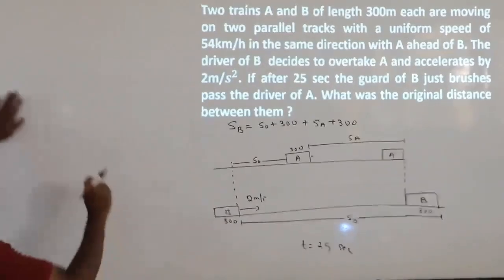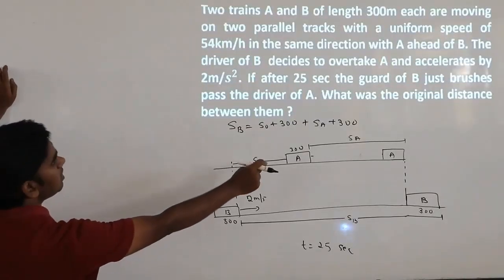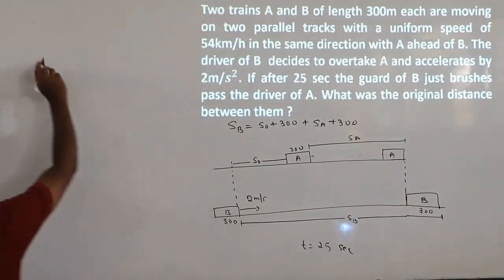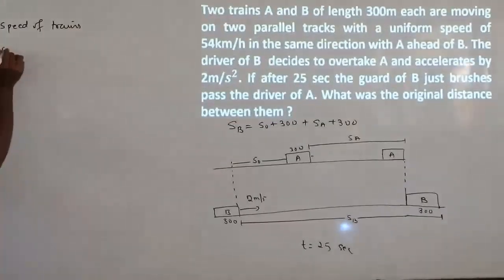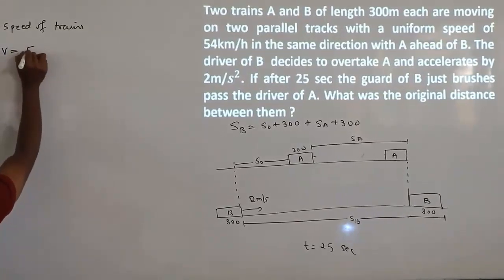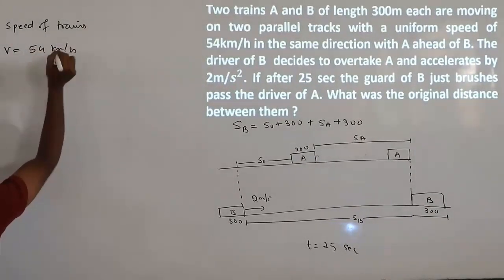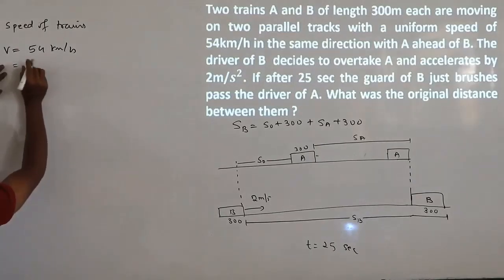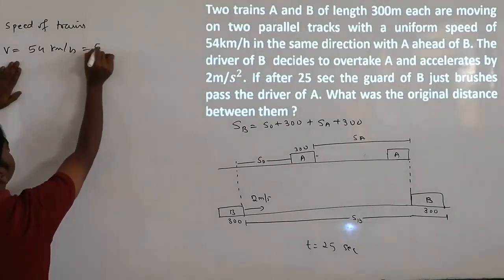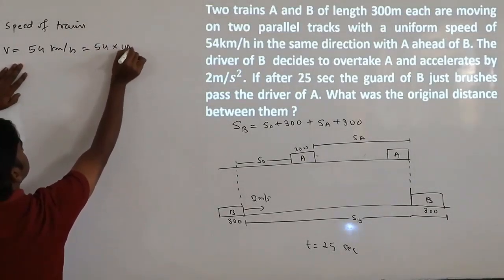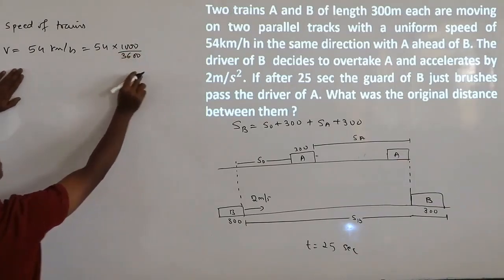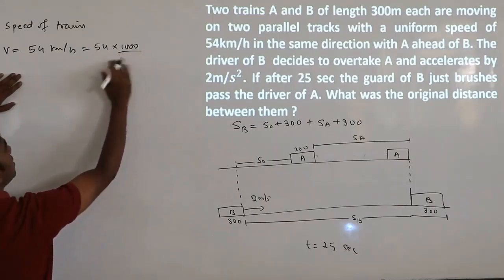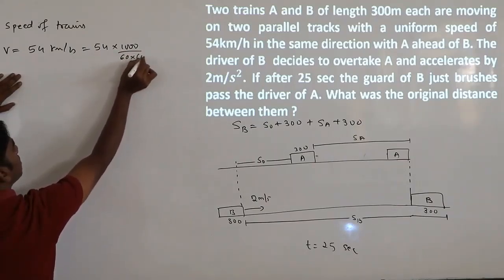Now I will solve the problem. First we have to find the speed of the trains, which is 54 kilometer per hour. Convert into meter per second. 54 times 1000 divided by 3600, that means 60 into 60 if you want to write it properly.